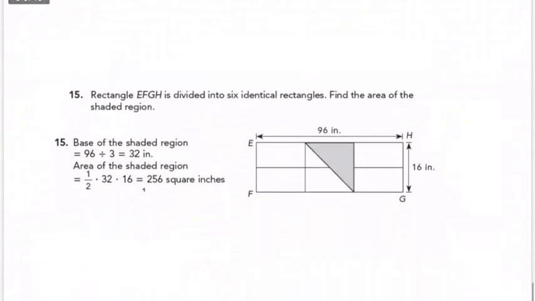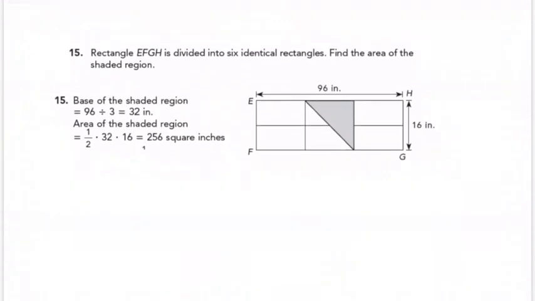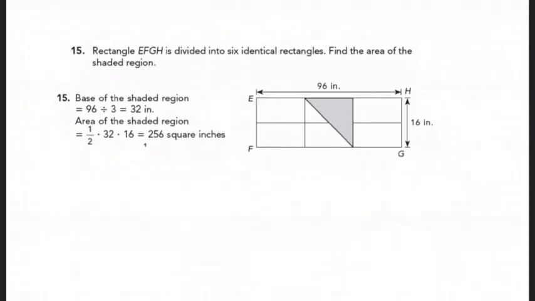All right, next one. Here, we have to figure out the area of the shaded region. So you have to figure out this triangle. I'm going to tell you right now, they're all rectangles. That means there's a right angle here. If I look here, let's say the height's 16. So I have 1/2, oops, sorry, 1/2 base, we don't know, times the height, which is 16. Let's figure out the base.